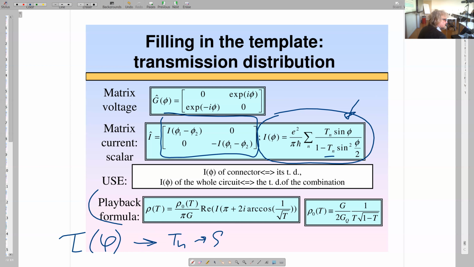Here it is, a playback formula, which looks pretty complex, and it involves complex numbers, complex values of phi, but it is not something magical.